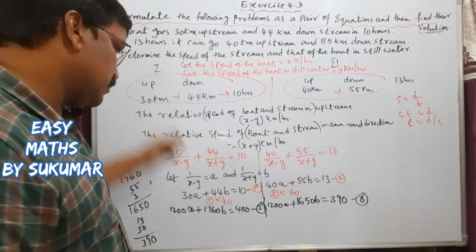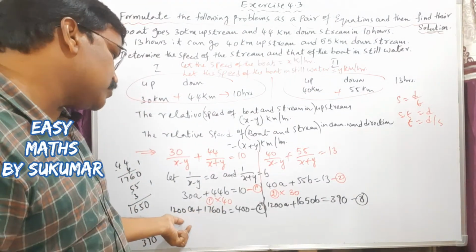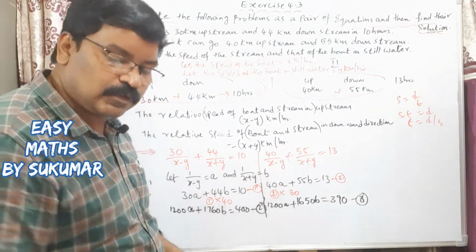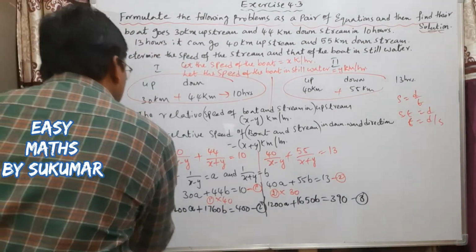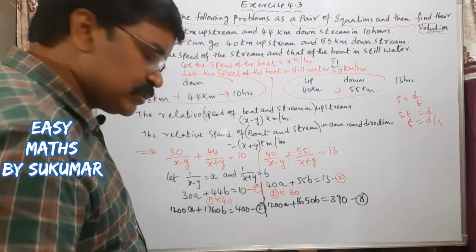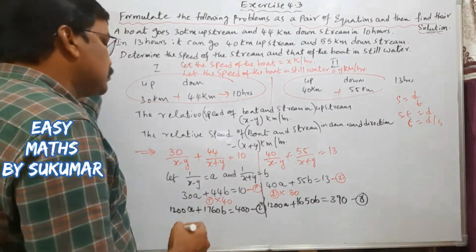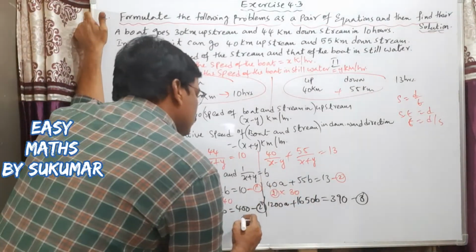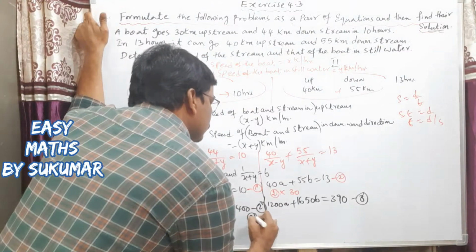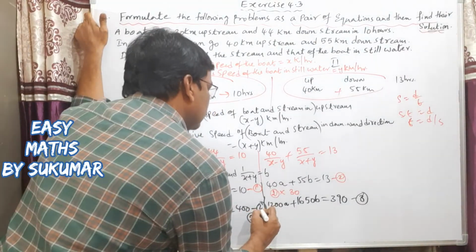Now the coefficients of a are equal in both equations: 1200 in each. So I subtract equation 4 from equation 3.